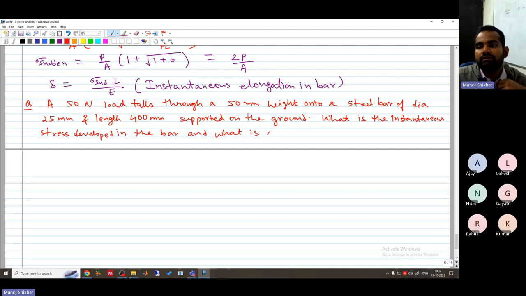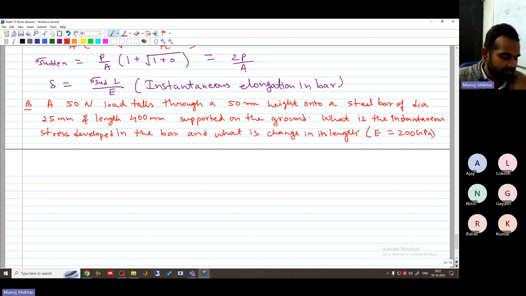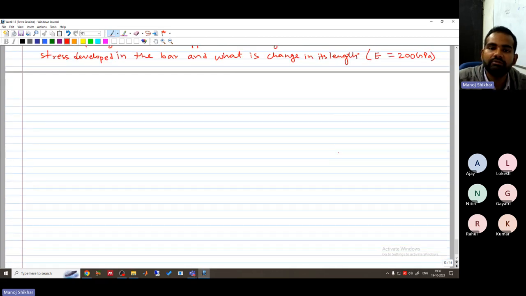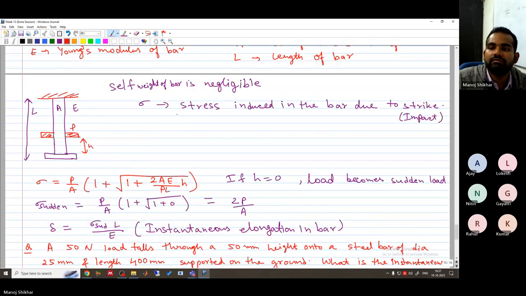E is equal to 200 GPa. They've given each and everything. We have to just put it in the formula and we will get the value. So we can directly use this, which is also called the instantaneous stress.